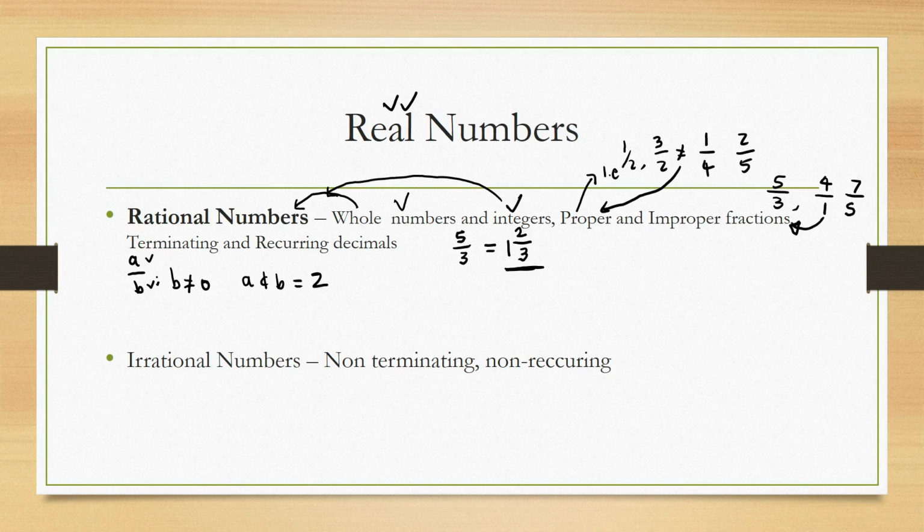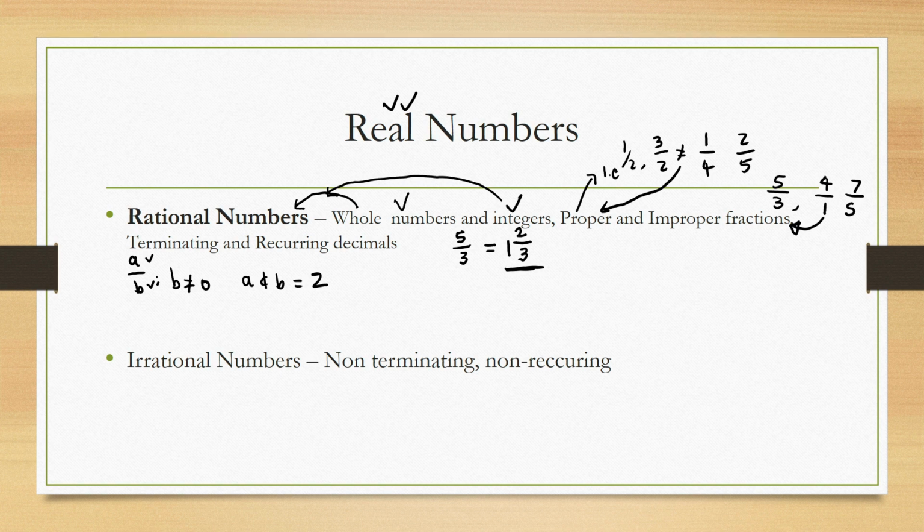Now a decimal can be categorized as terminating, non-terminating, recurring, and non-recurring. But when it comes to terminating and recurring decimals, they both fall under rational numbers. So whenever you see a terminating decimal and whenever you see a recurring decimal, you must know that that is a rational number.